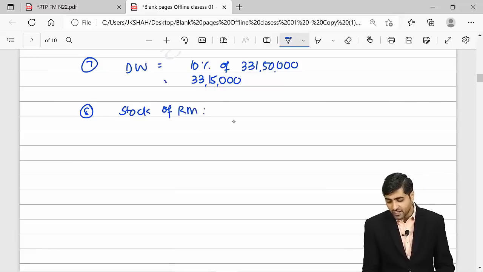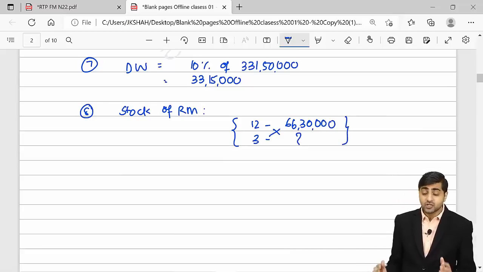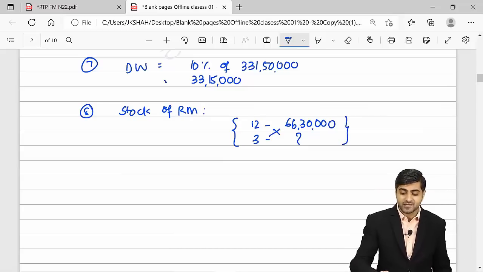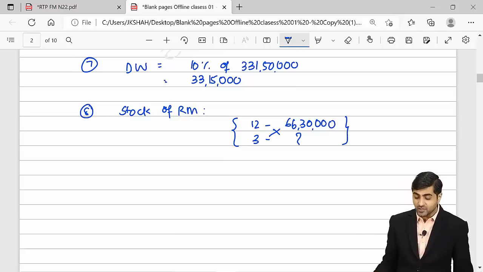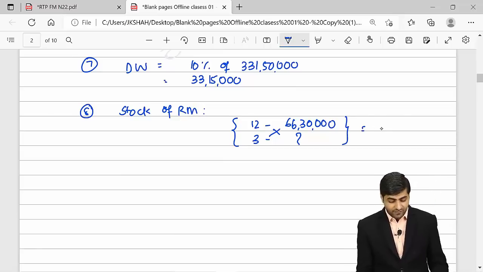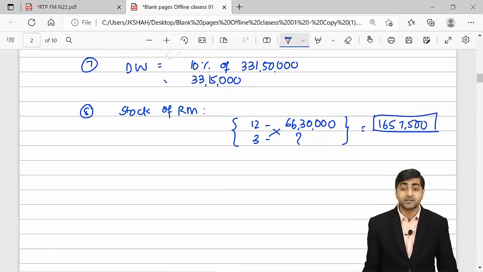So guys, we know that your per annum raw material consumed is 66,30,000. So for 3 months your money blocked will be how much? So your stock of raw material is now going to be 66,30,000 into 3 divided by 12, which will give you 16,57,500. So that's your stock of your raw material.